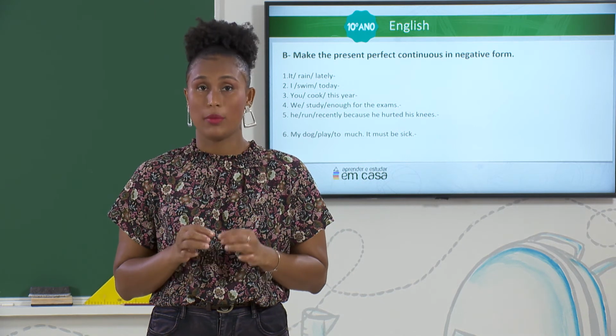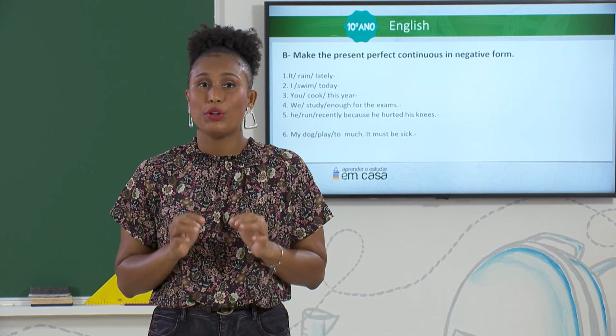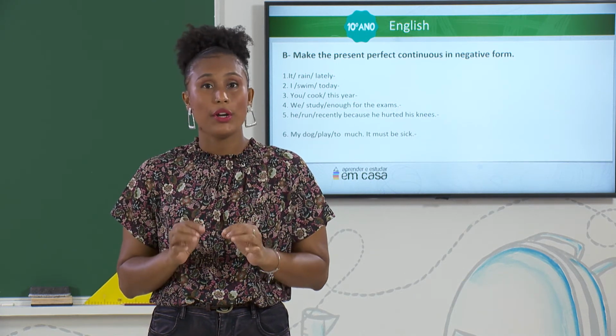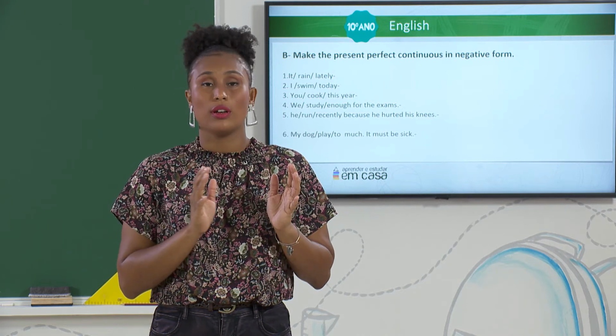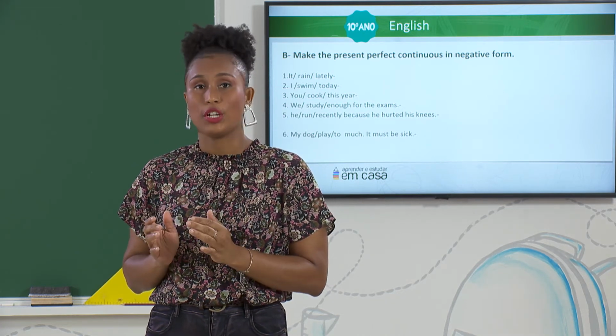Students, remember that you will do the exercise using the present perfect continuous negative form. Remember the form. Subject, have or has, plus been plus ing.